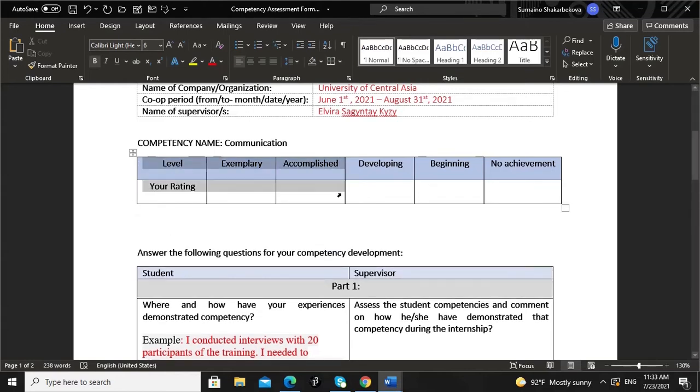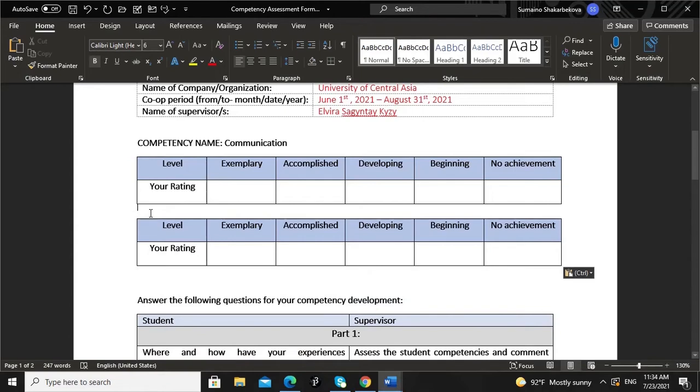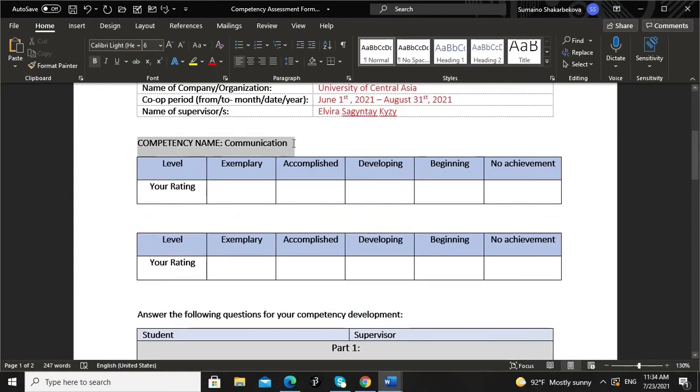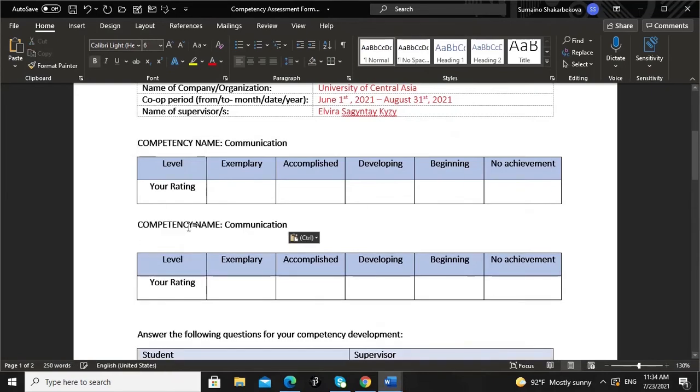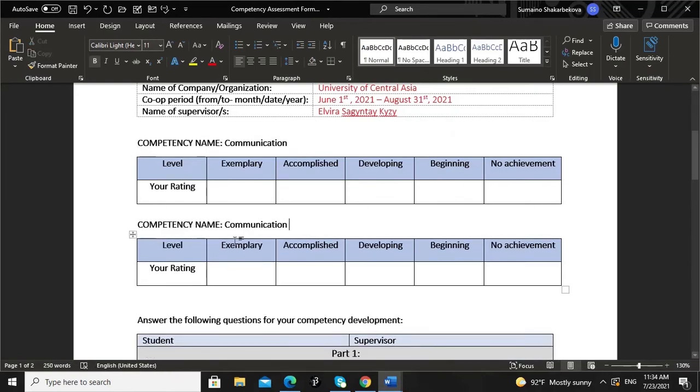You can just copy and paste the same table, and then you can write your second competency, which, for example in my case, will not be communication, but personal management, right? So like this, you can write more than three, four, as many as you want. You can include your competency name and then rate them.